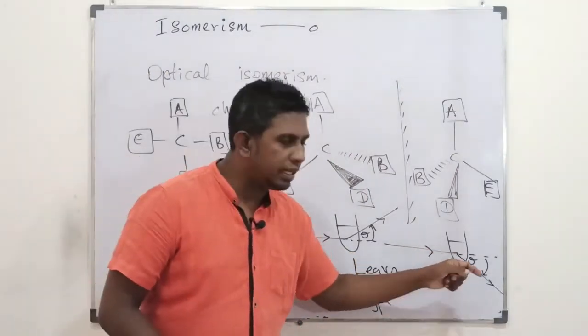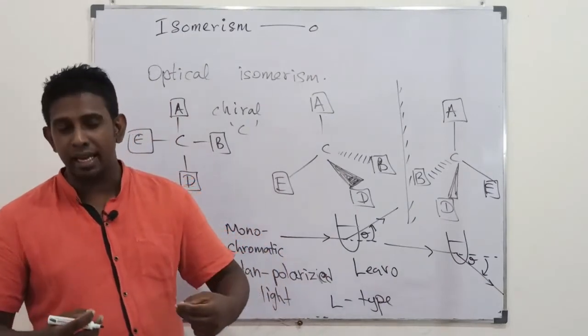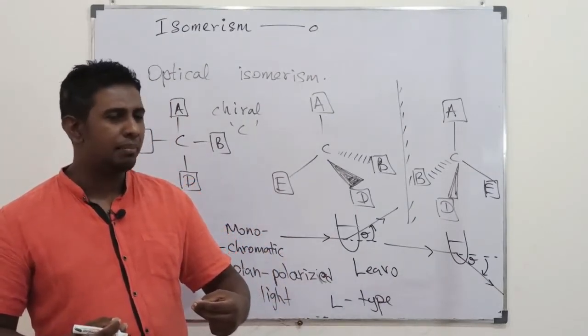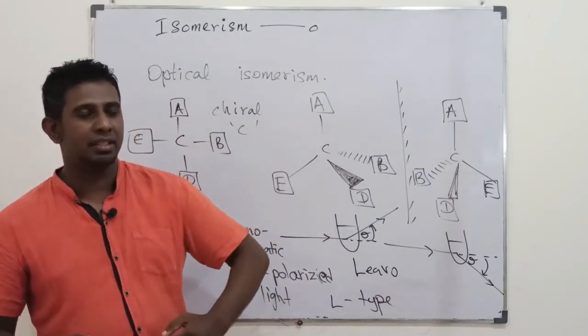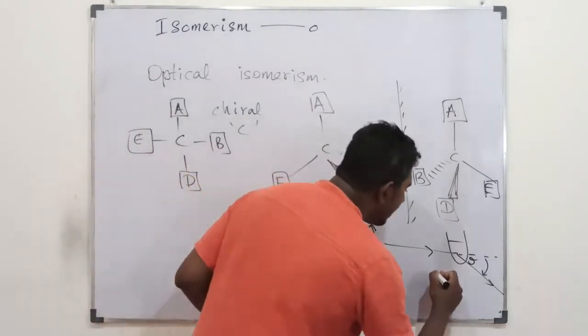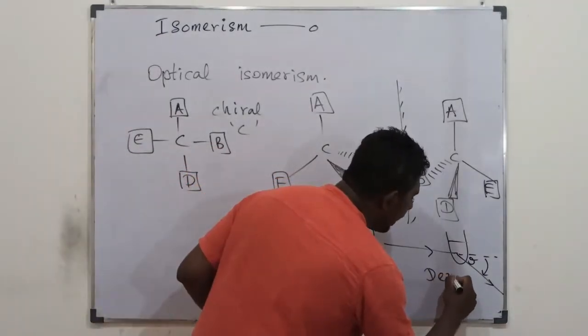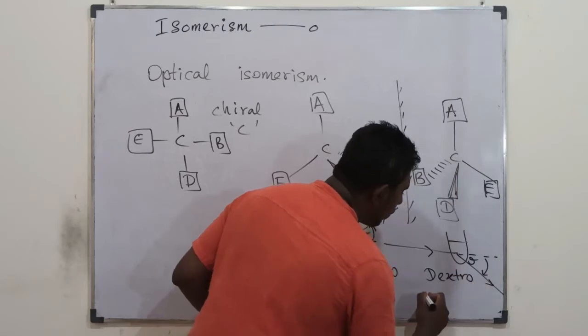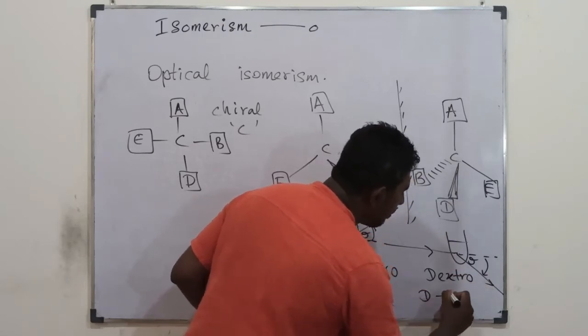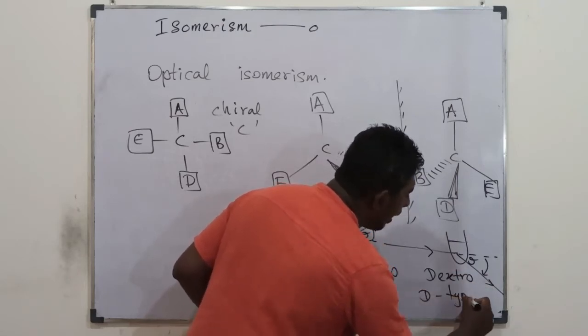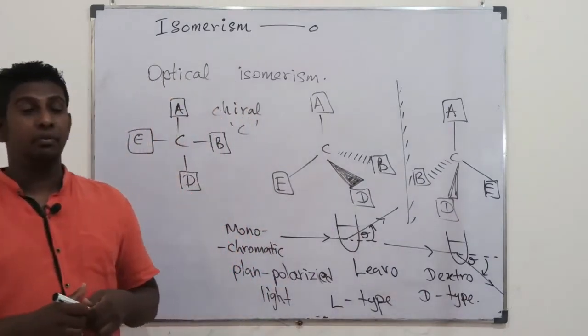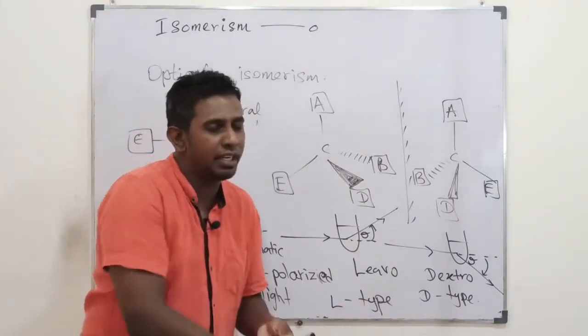Then this one is rotating monochromatic plane polarized light by the same angle, but in the right-hand direction. Right in Latin means dextro. So we call it not dextro type, but D type. That is the way we could identify them differently.